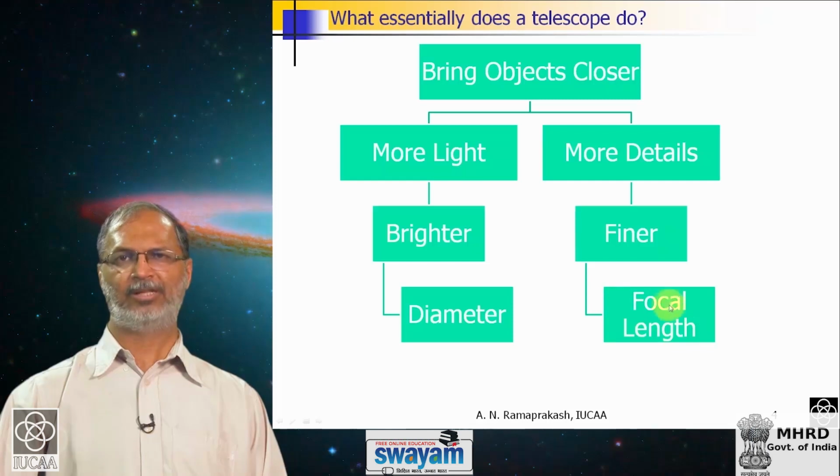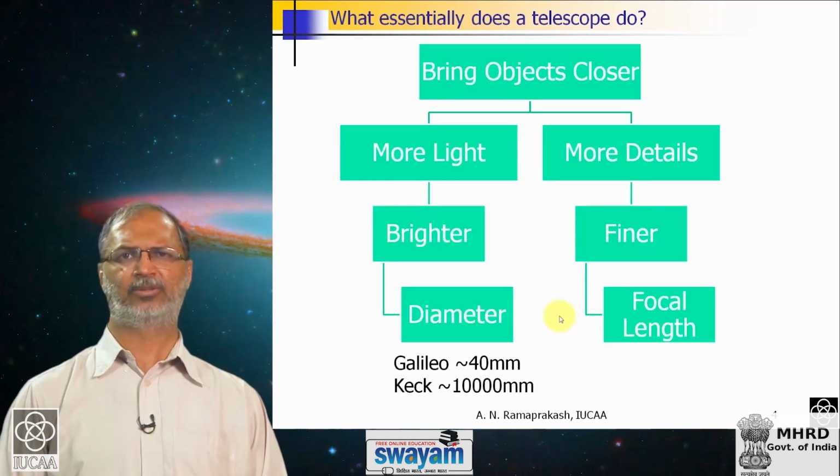Similarly, it is the focal length of the telescope which defines how fine a detail you can see using that telescope from a distant object. So, there are two parameters which define the abilities of a telescope, its diameter and its focal length, and they in turn allow an astronomer to do the kind of studies he or she wants to do.